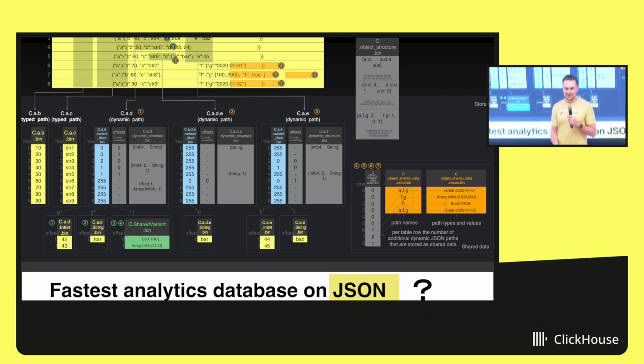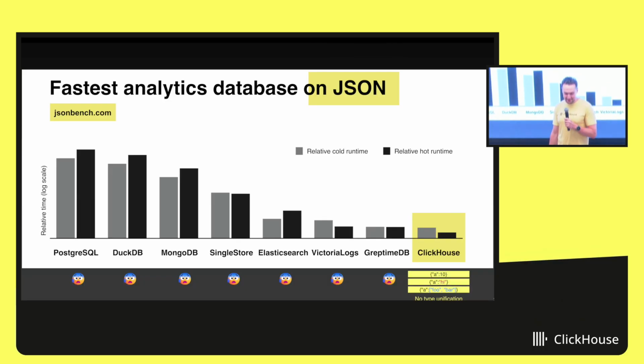The question is, is it fast? And I spent so much time explaining these boring details, so you should think that it must be worth it. It must be fast, right? Let's take a look. And to check it, we created another open source benchmark, publicly available, reproducible, named JSON Bench.